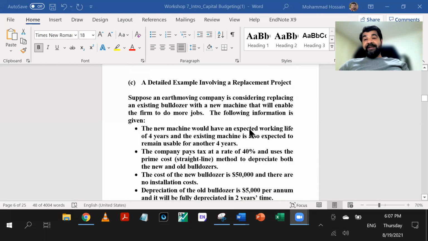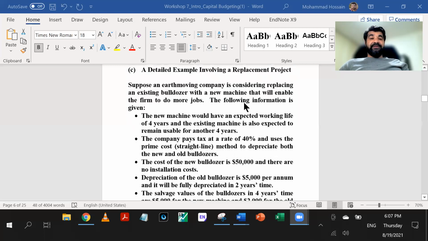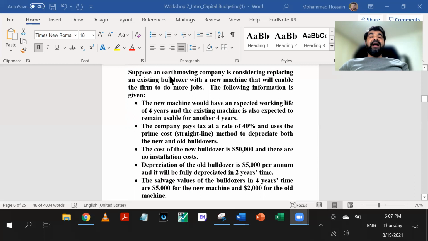Now, the next example is a detailed example involving a replacement project. Suppose an earth moving company is considering replacing an existing bulldozer with a new machine that will enable the firm to do more jobs. The following information is given.